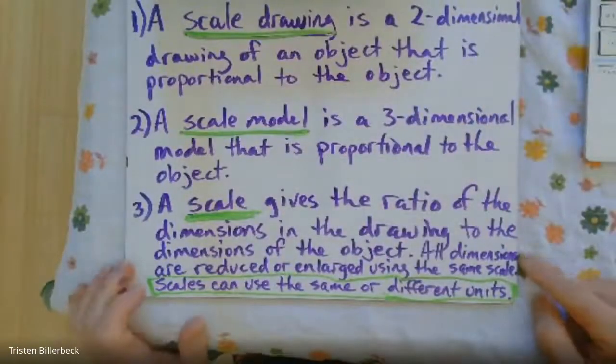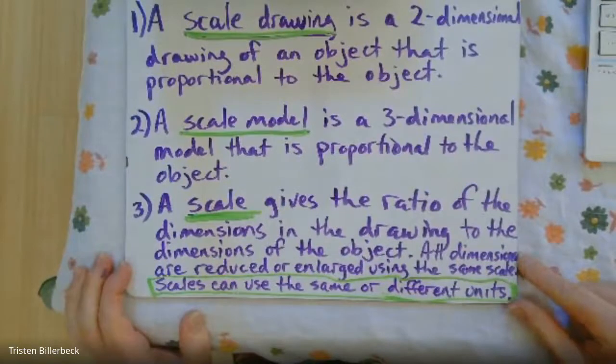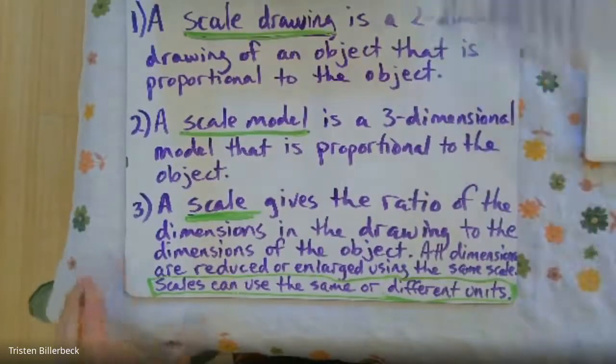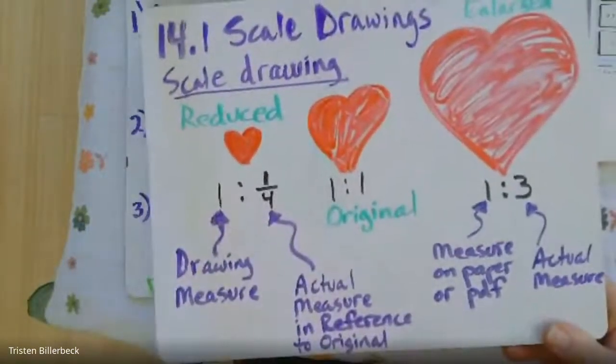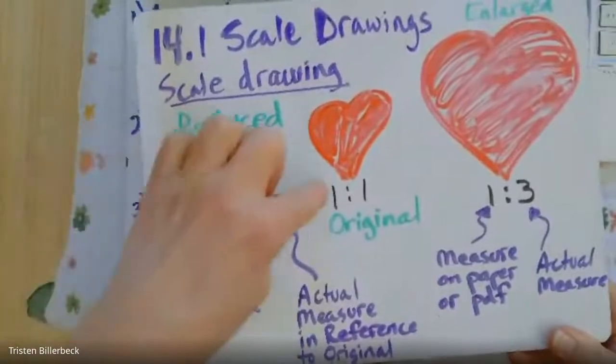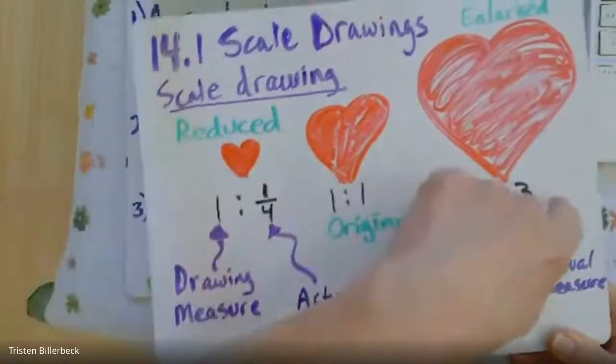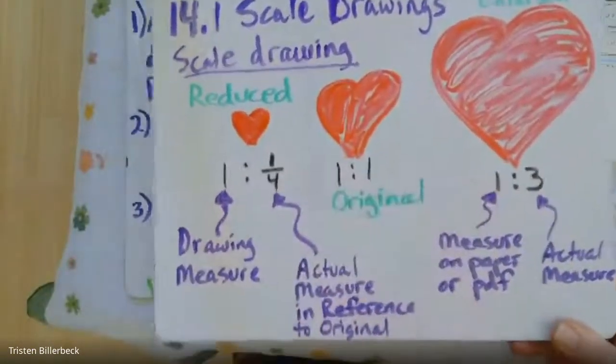So all dimensions are reduced or enlarged using the same scale. So this was our original scale. So we reduced comparing it to the original, or we enlarged comparing it to the original.